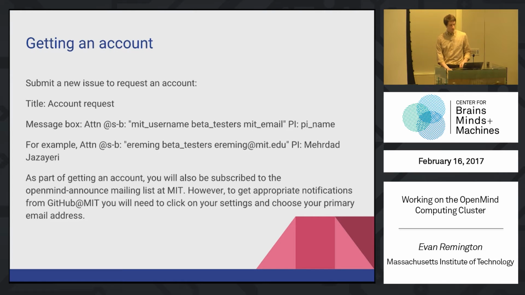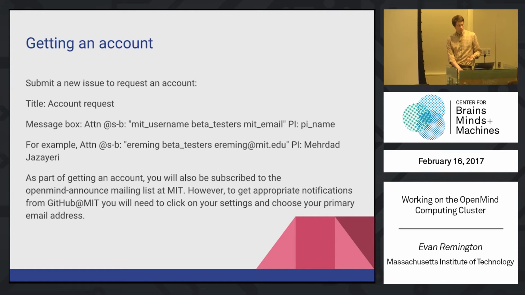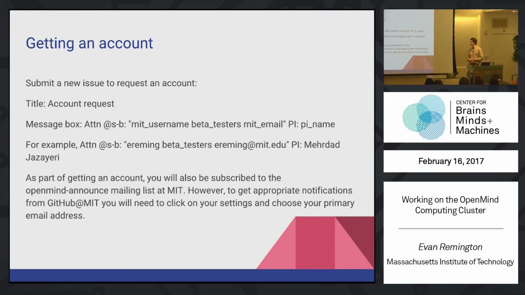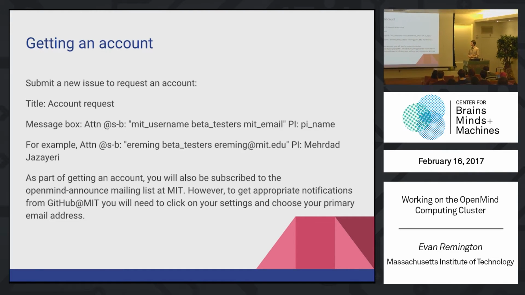To get an account, you go to GitHub. I don't know if the document I sent out has the GitHub page for OpenMind, but there's a GitHub page for OpenMind. Mainly, it's used for submitting issues.